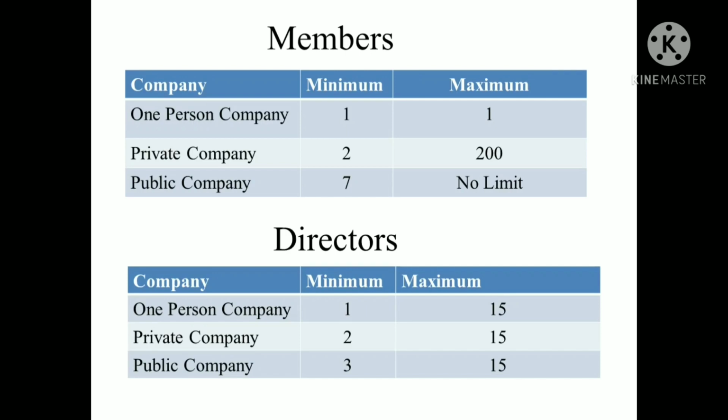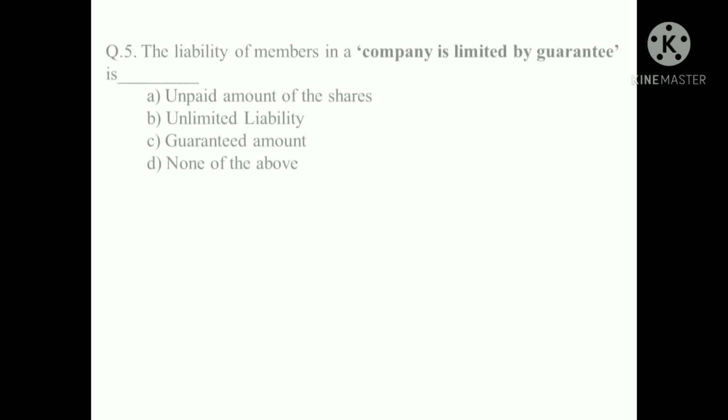Means 1, 2, 3 directors are required in one person company, private company and public company. So examination point of view, this chart is very important. So let's move towards the next question.